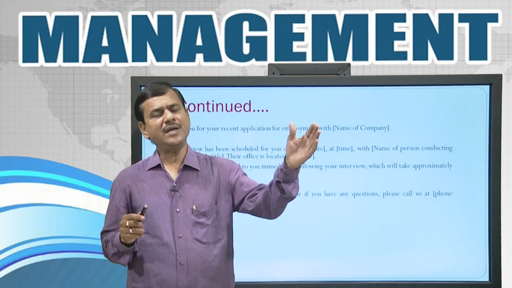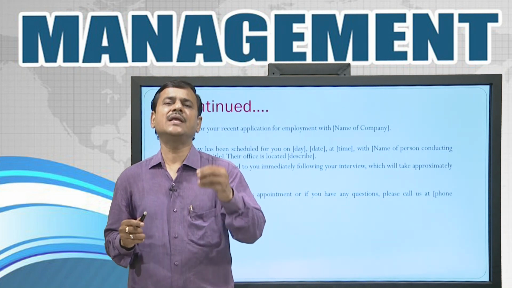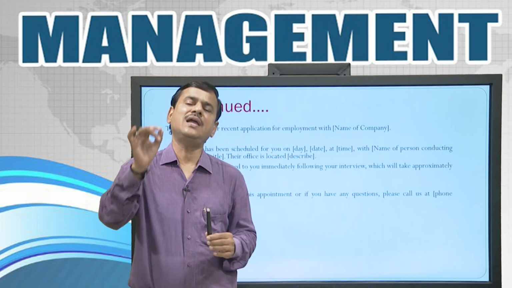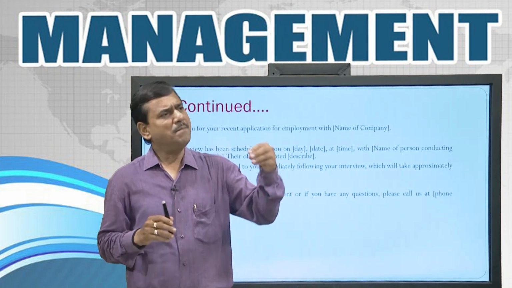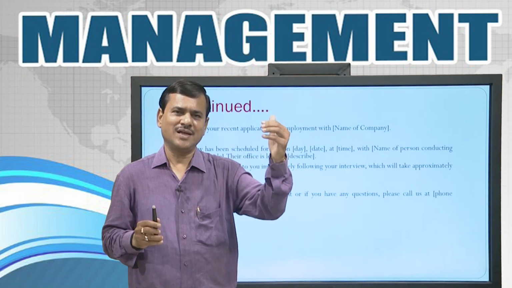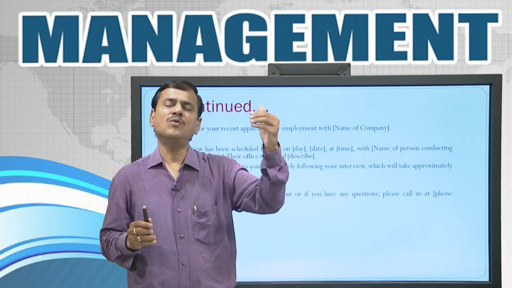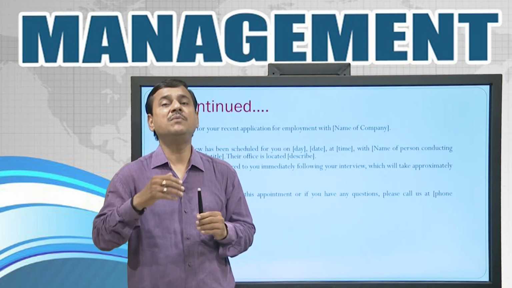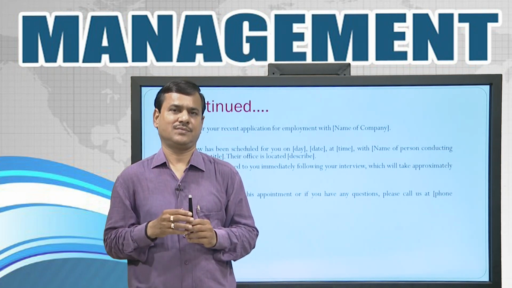One company may call somebody directly for the interview for selecting a person. Company B could arrange a written test, and the people who clear this written test will be called for the interview.